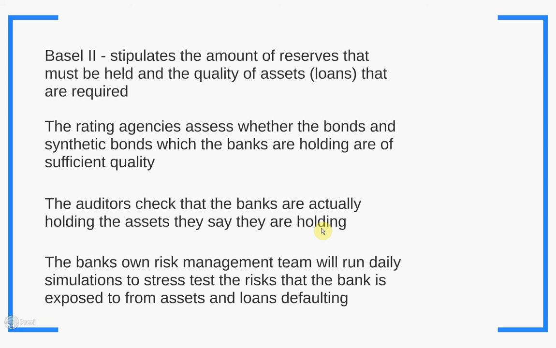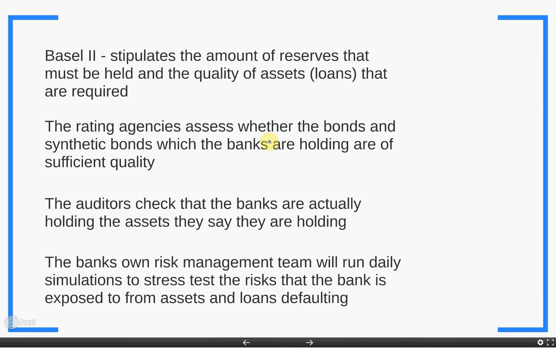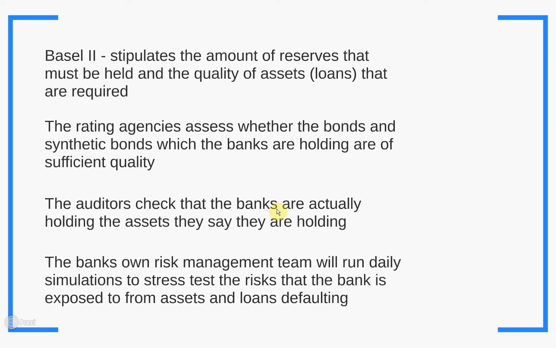And they do that for the banks as well. So you've got these two pieces of checking. The rating agencies check the quality of each individual bond, each individual synthetic bond, and the auditors check that the banks are genuinely holding what they say they hold.